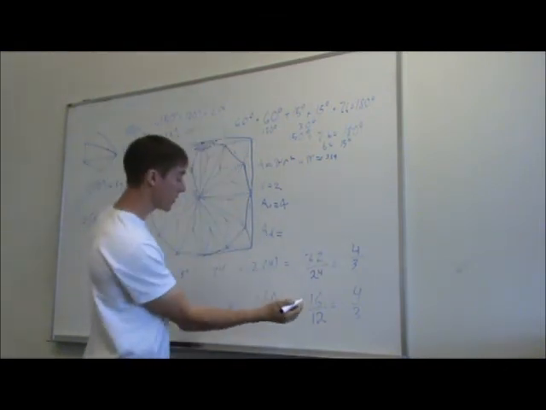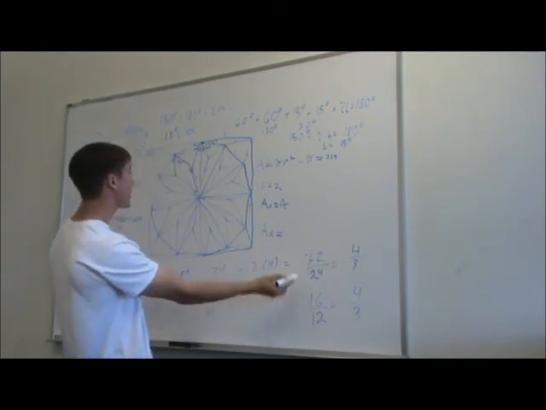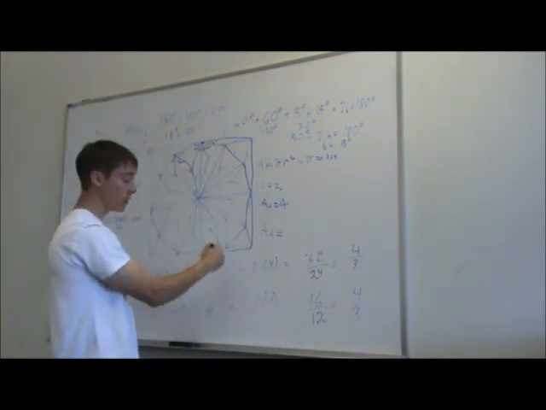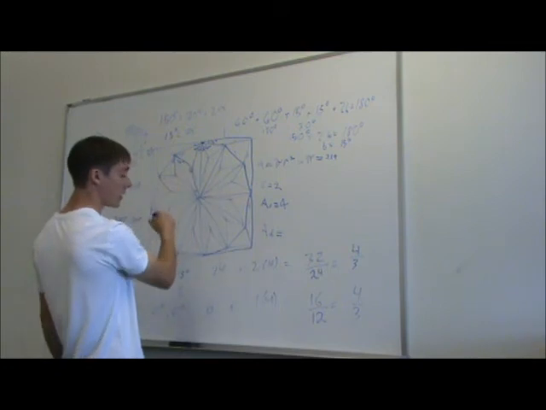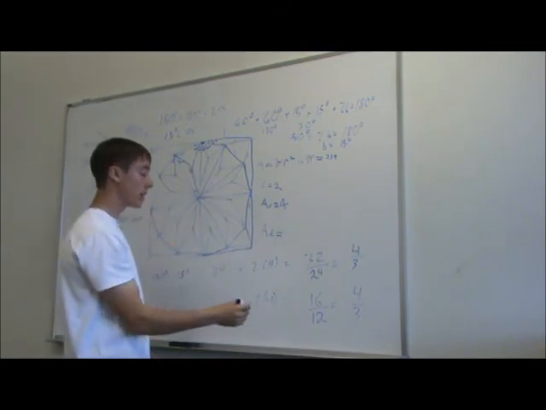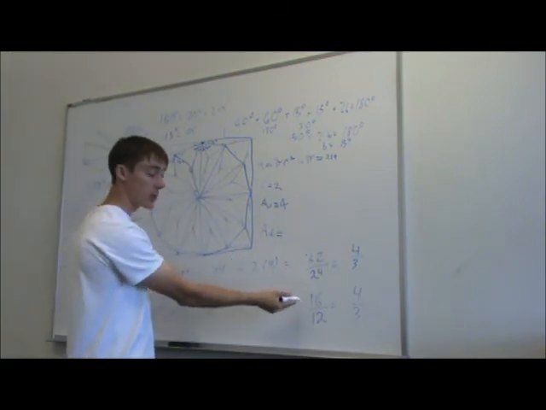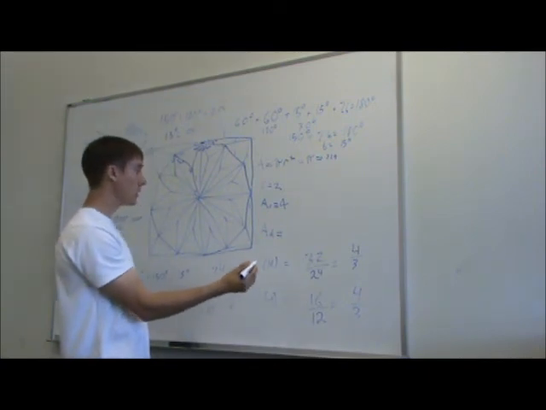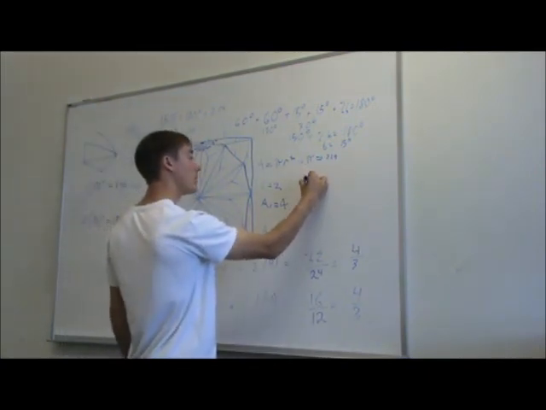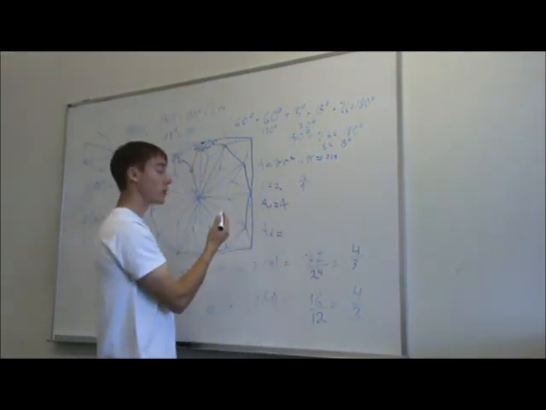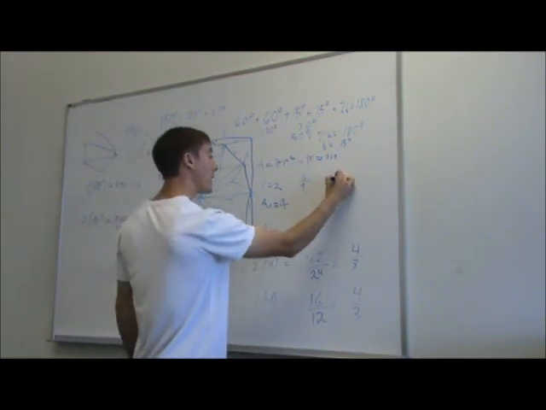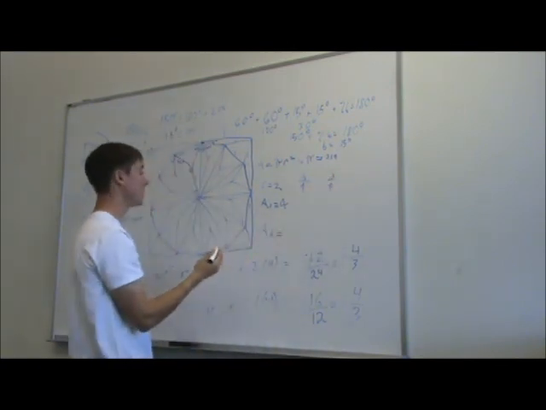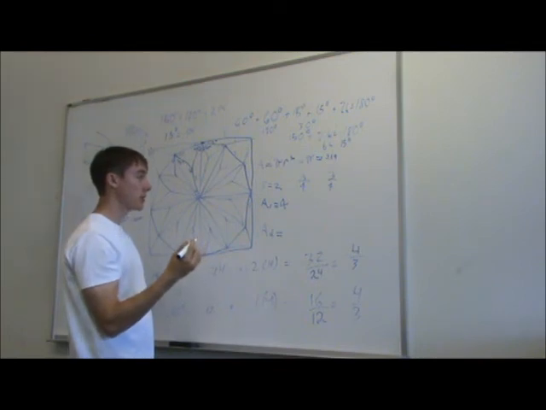And this also means if you look down here, 16 equilateral triangles total. 12 of them are in the dodecagon. So the dodecagon also has 3/4 of the equilateral triangles. So the dodecagon has 3/4 of the equilateral triangles, and it has 3/4 of the isosceles triangles.